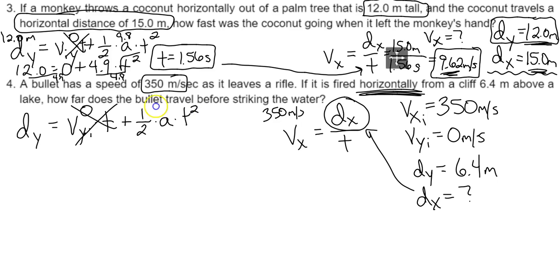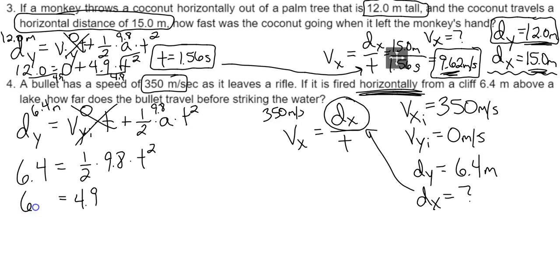A, of course, is our 9.8 meters per second squared for gravity, and our distance in the y direction is 6.4 meters because that was given to us. So if I plug everything in, 6.4 meters equals 0, that goes away, plus 1/2 times 9.8, which is 4.9, times t squared.